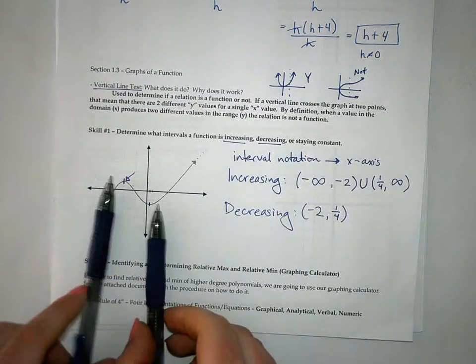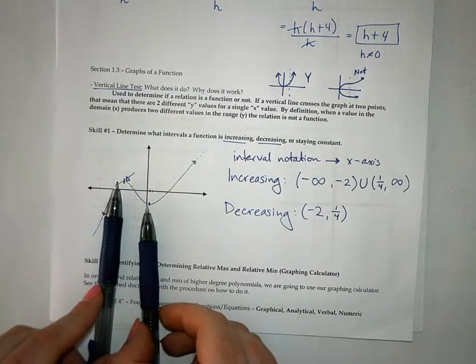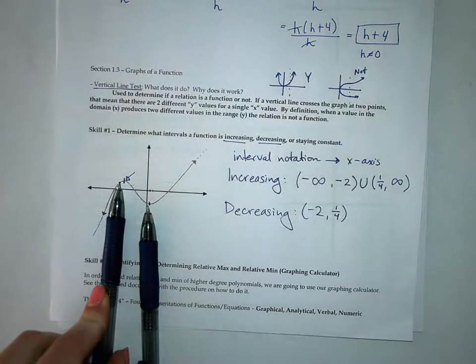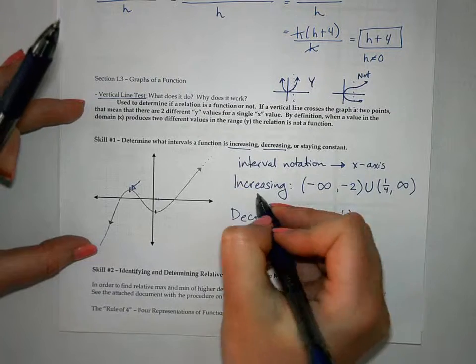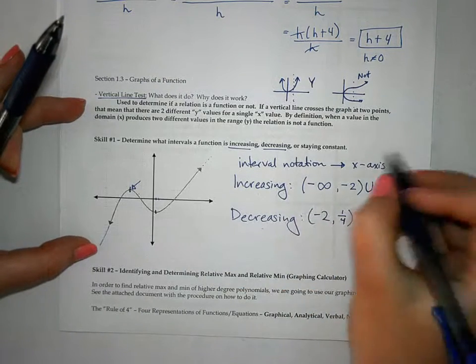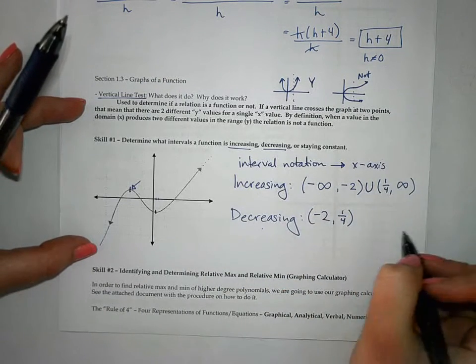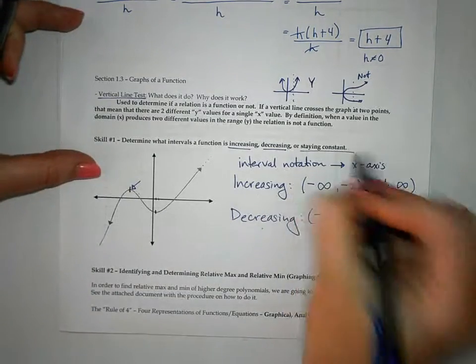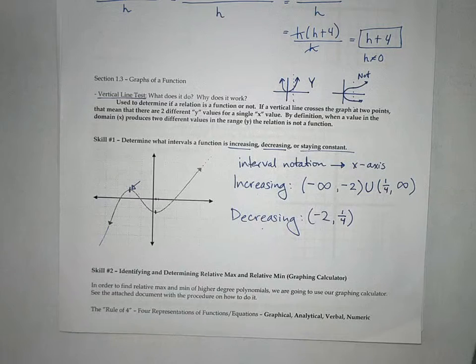From -2 to positive 1/4, this little section right in here, if you look at the range, the function is decreasing in range. So this is like an increasing range and a decreasing range, but again, you're only using x values for interval notation.